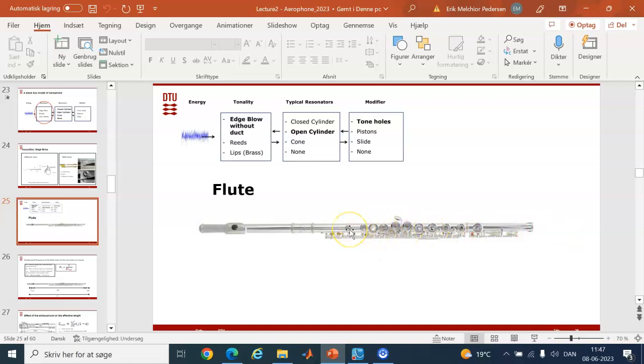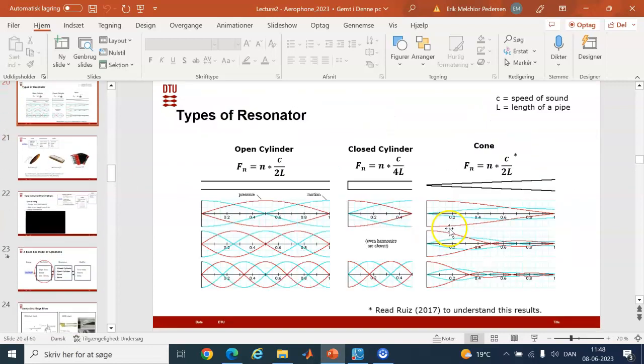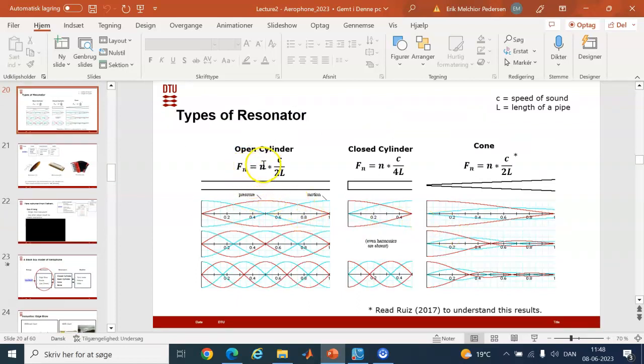If you close all the holes, the length is long, and if no hole is covered, the length is shorter in the cylinder. Remember that in an open cylinder the frequencies are dependent on the length.